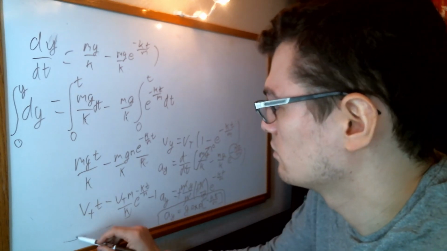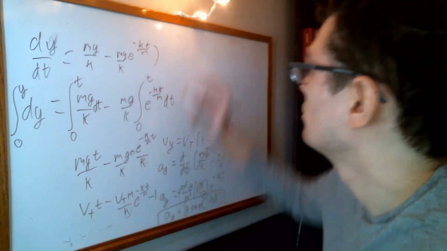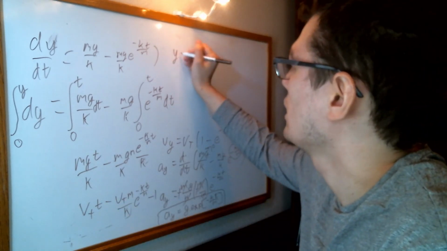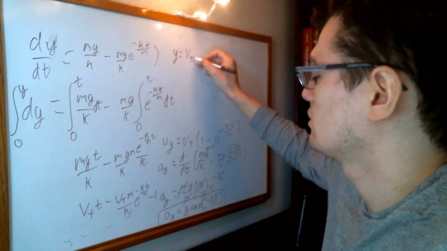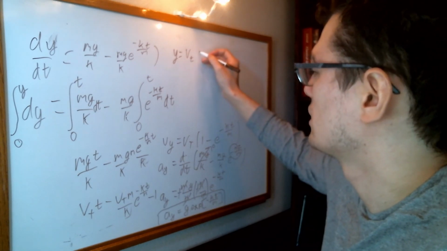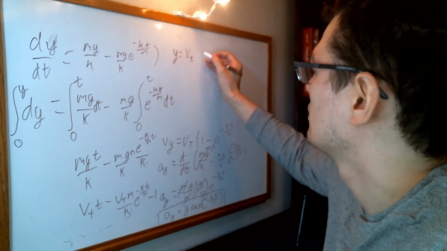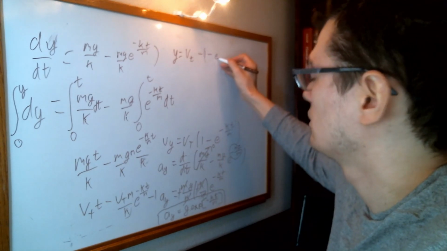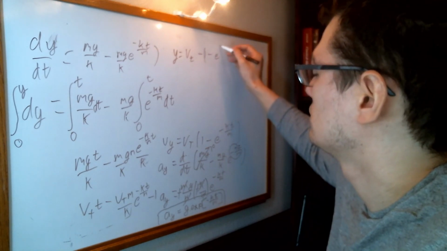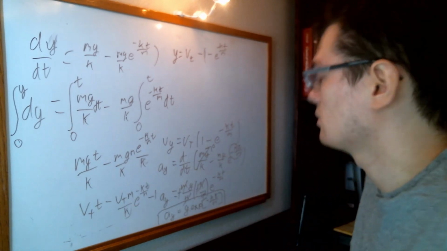So then when we factor everything out, we'll get that y is going to be equal to Vt, and this is going to be a minus 1 minus e^(-kt/m). And this is negative again.